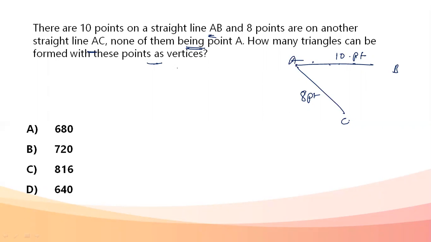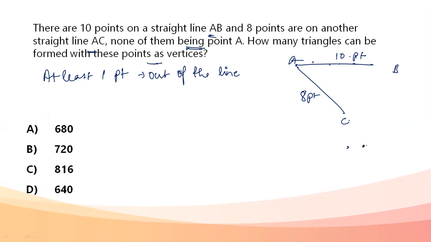So a triangle is going to be formed when it has at least one point out of the line where it is situated. That is, in terms of collinear and non-collinear, it must have at least one non-collinear point.